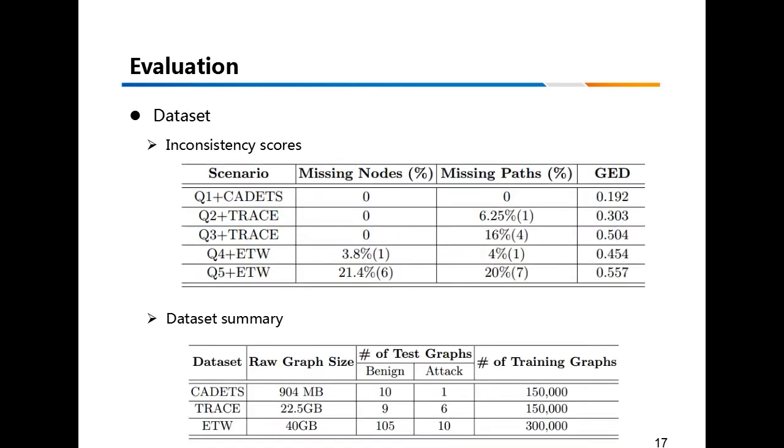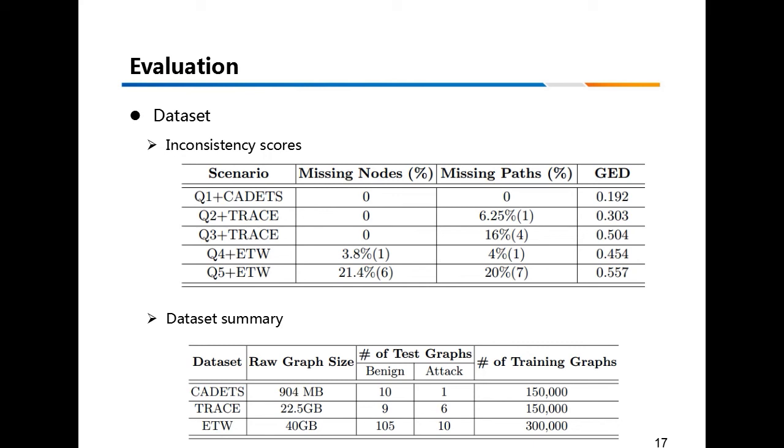We chose 5 scenarios with different degrees of inconsistency between the query graph and the corresponding provenance graph. We define 3 inconsistency scores to quantify the degree of the inconsistency. These are missing nodes and paths in the provenance graph and the GED distance between the query graph and the provenance graph.